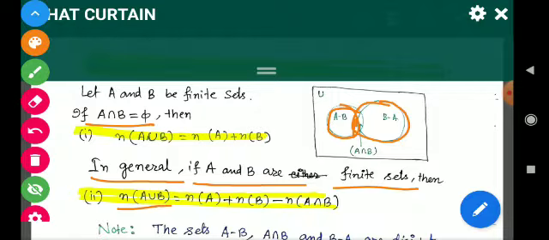So we have to subtract the intersection part once.